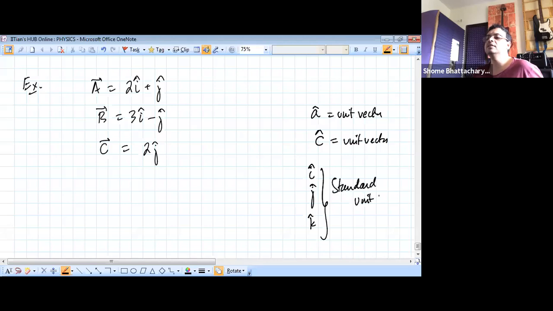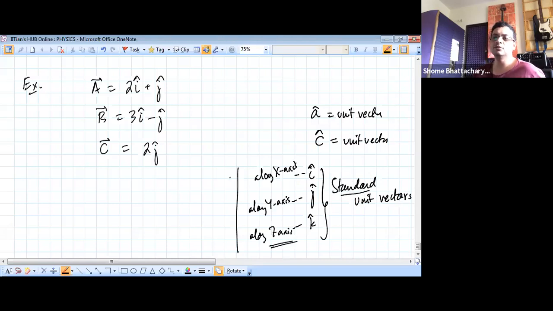Why are they the standard unit vectors? Because they have a specific direction. This is along the x-axis, this is along the y-axis, and this is along the z-axis. So that is the difference between the standard unit vectors and any unit vector. We'll come back to this later.